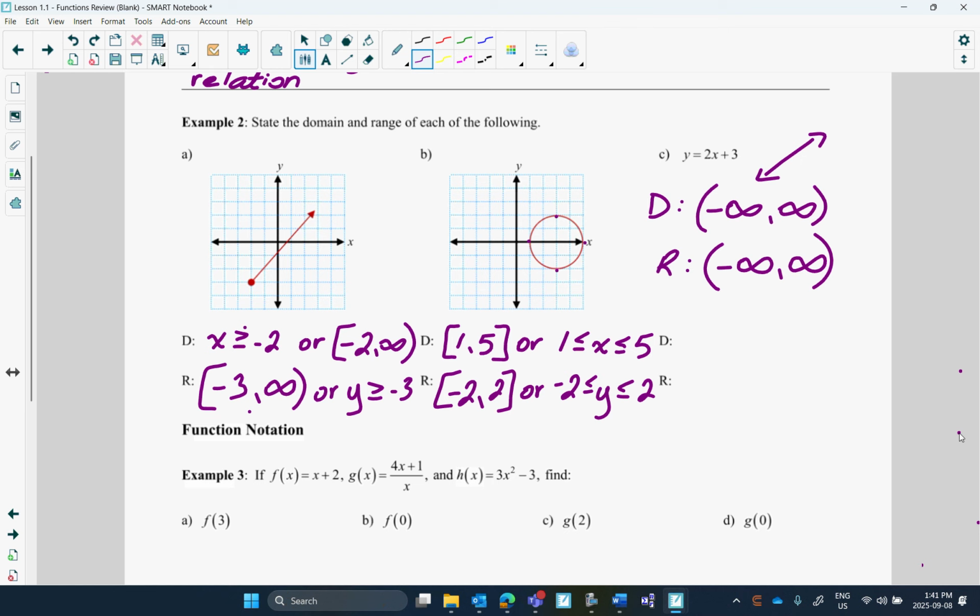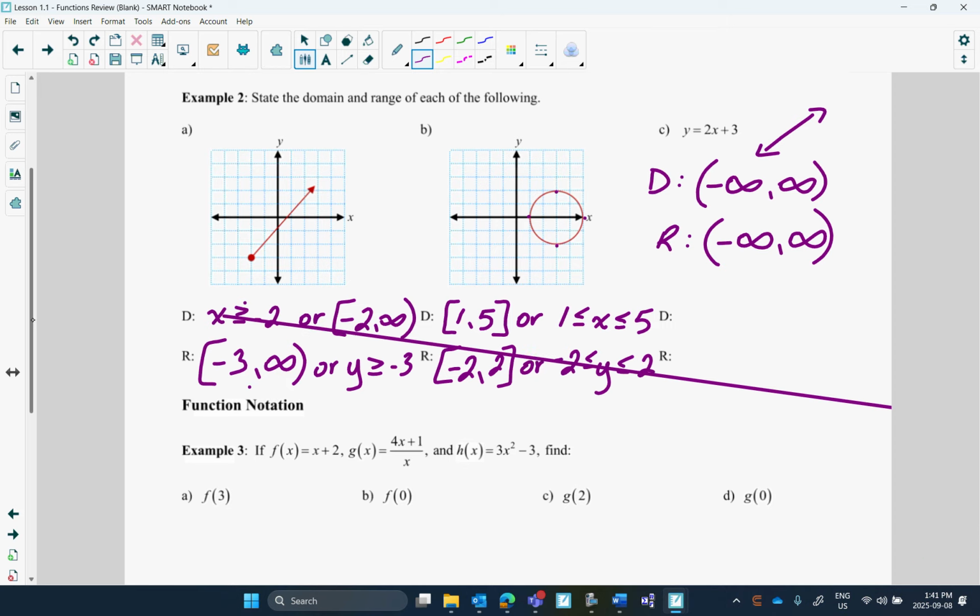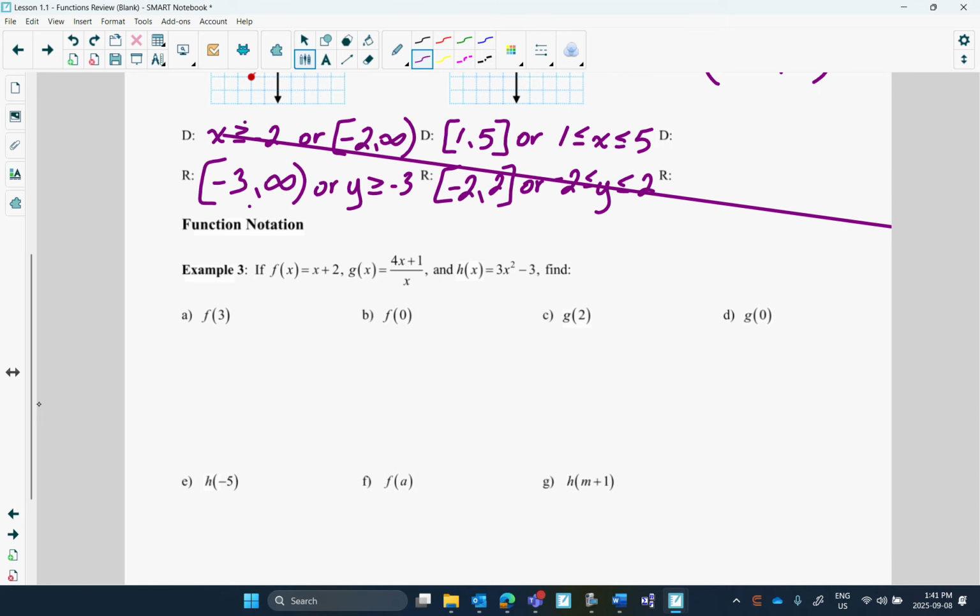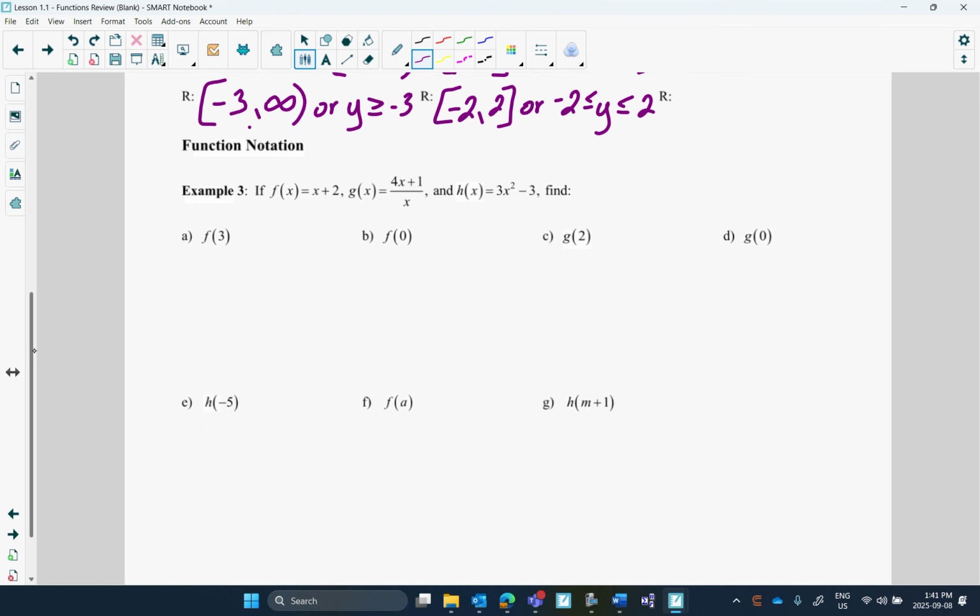Okay, continuing a little bit of review. I'm going to finish off with this. We use special notation when we talked about functions. Where we use letters, and then we usually had an x in parentheses. Remember how to read this?